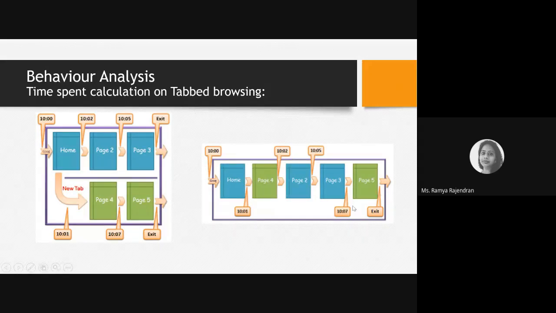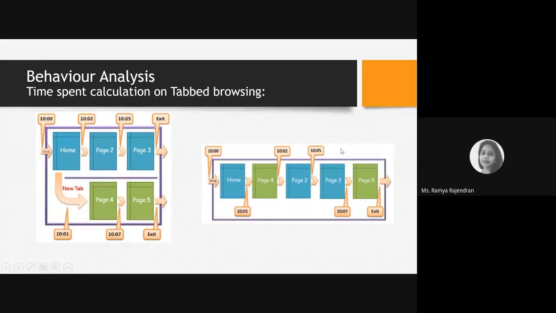So in the linearization method, all these things are combined together. From the home page, they opened a new tab for page 4 at 10:01, and then at 10:02, page 2 was opened from the home page.